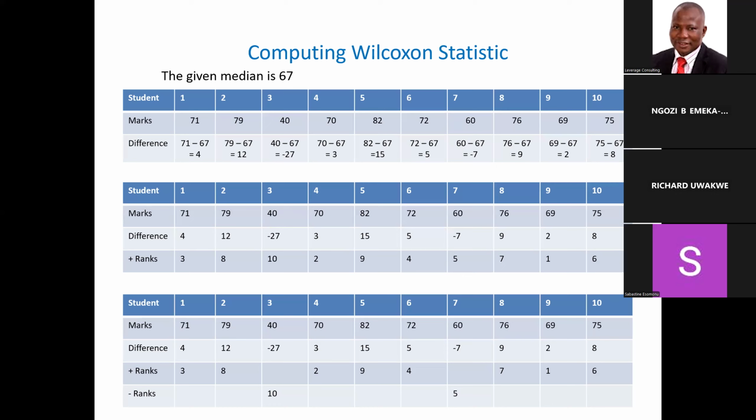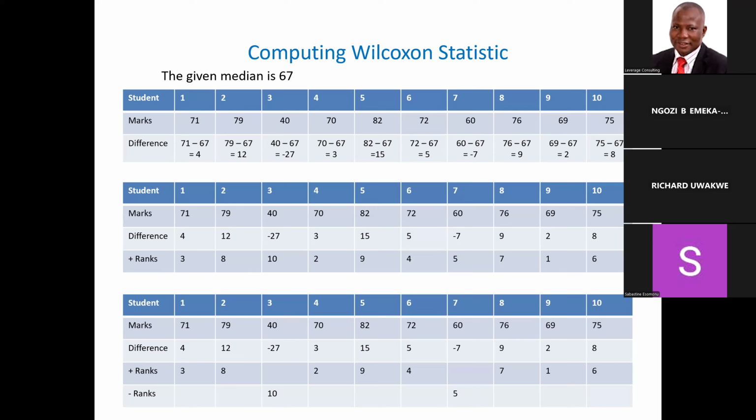The next is 8, we give 6. Then 9, we give 7. Then 12, we give 8. Then 15, we give 9. The last one is 27, the highest in value, we give 10.